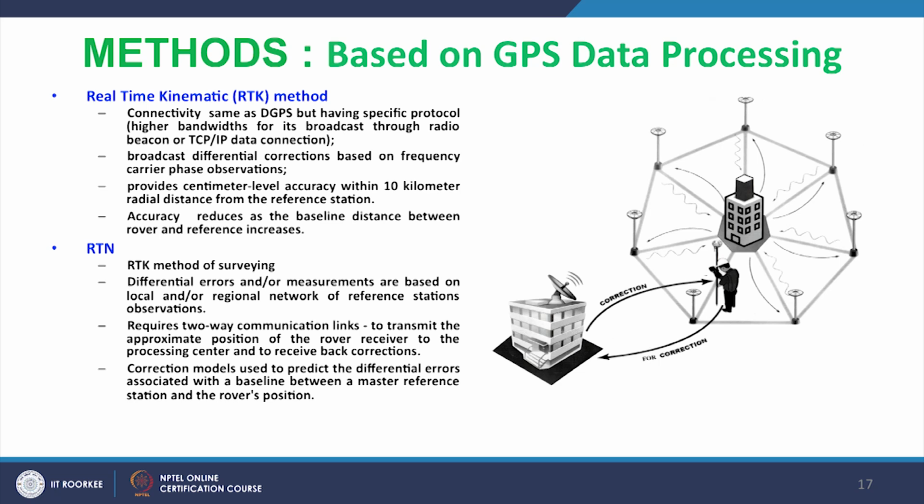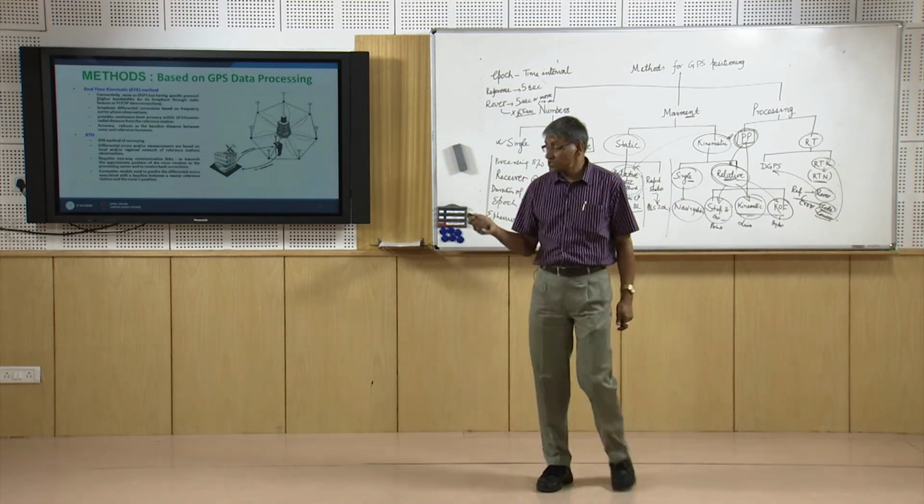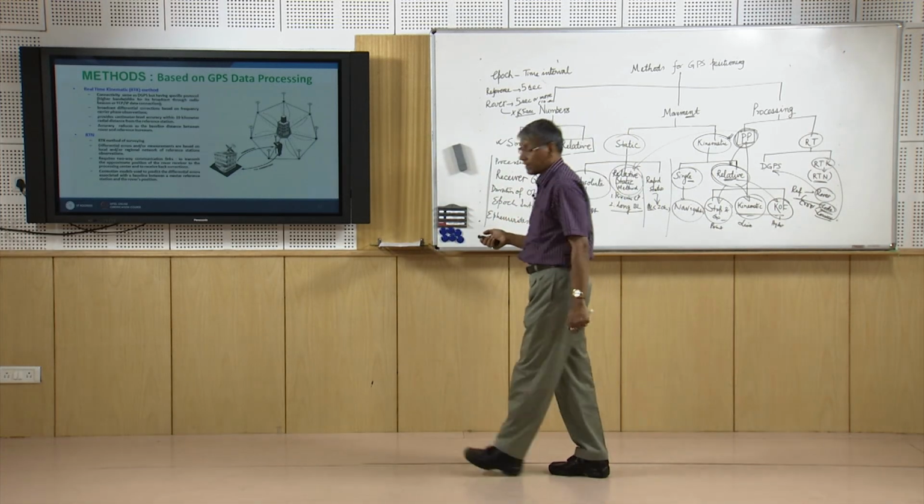The rover also provides its position data, and all this information goes to the central server, which processes all the data and provides the real time correction message to the rover position. So, this is called real time kinematic in network mode, and this provides the best, most accurate real time positioning.